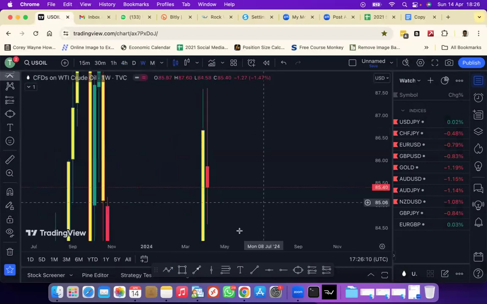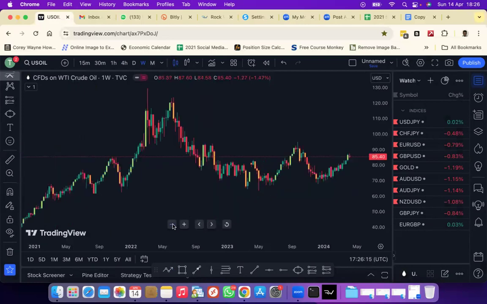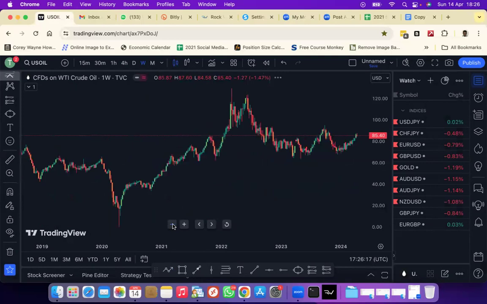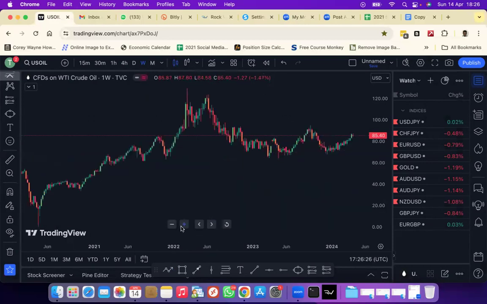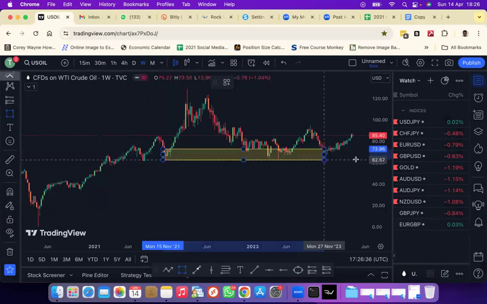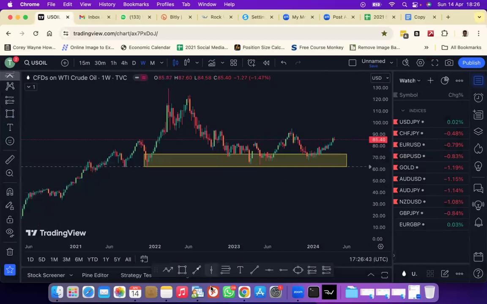So oil right now is at $85. When I go to the weekly time frame, what do you currently have? Price is on a major structure level, price is respecting this weekly demand. This is a demand zone on weekly. This is a major structure on the weekly time frame.